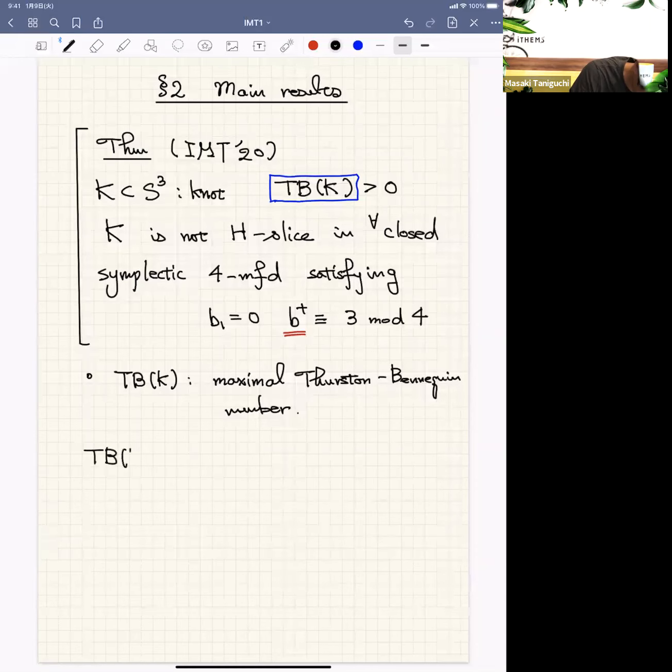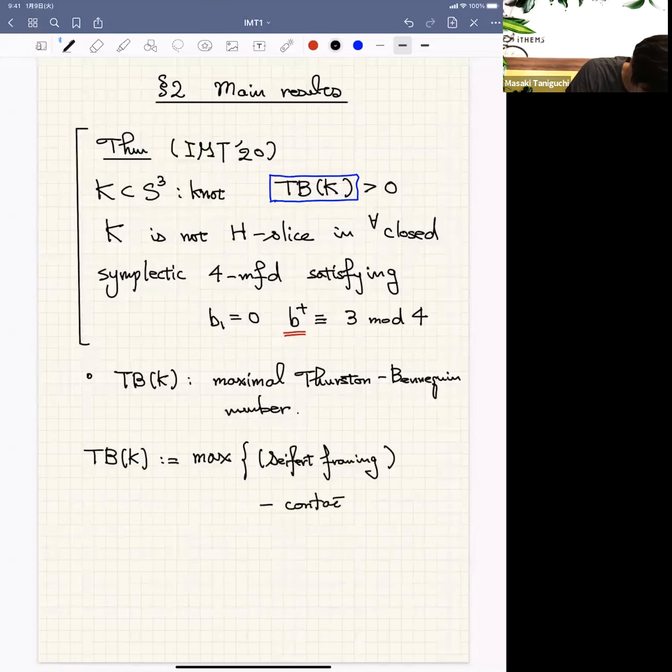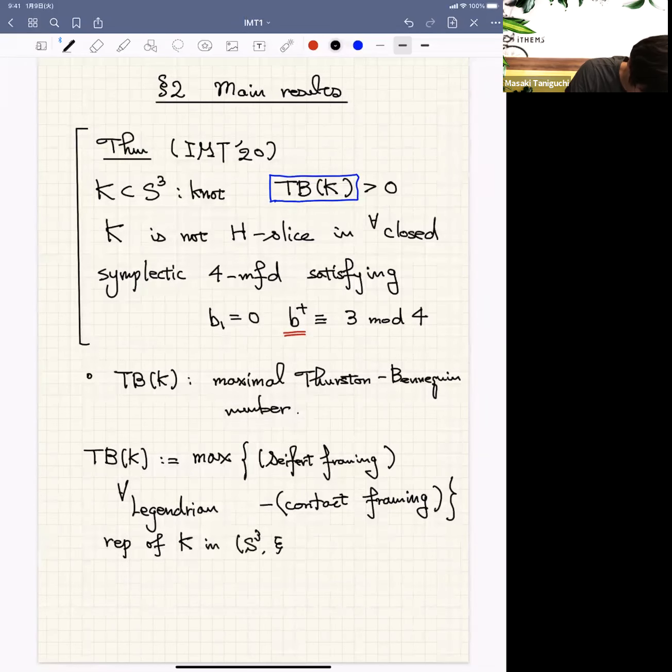TB(K) is given by the maximum of the difference between the Seifert framing and the contact framing over all Legendrian representations in S3 with the standard contact structure.